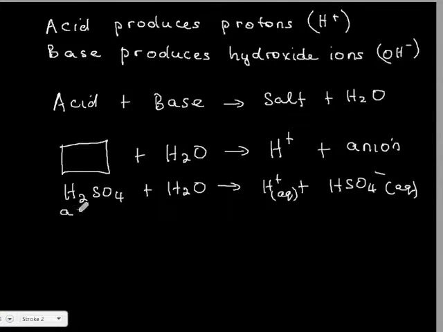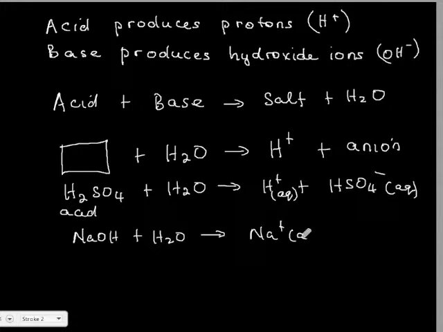We know that this is an acid. Now, base like sodium hydroxide, when dissolved in water, will always produce hydroxide ions. And that's how we recognize the compound as acid or bases.